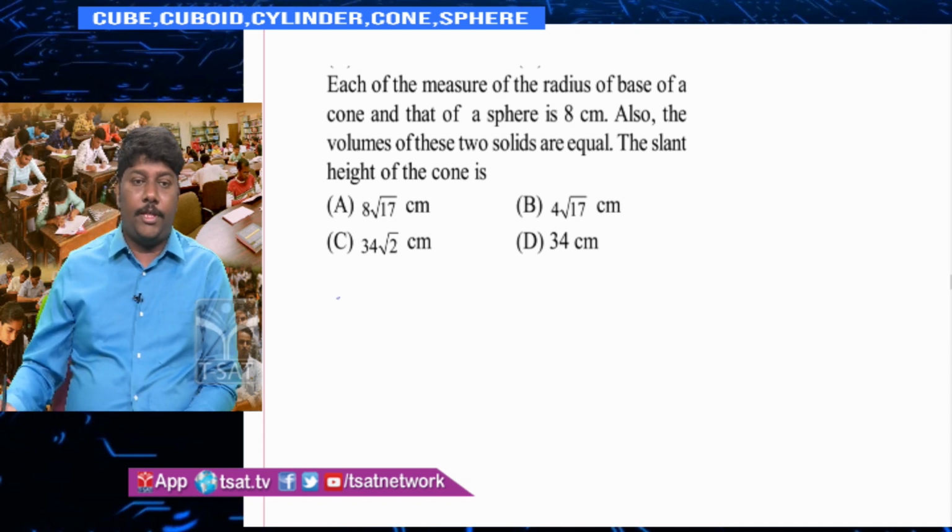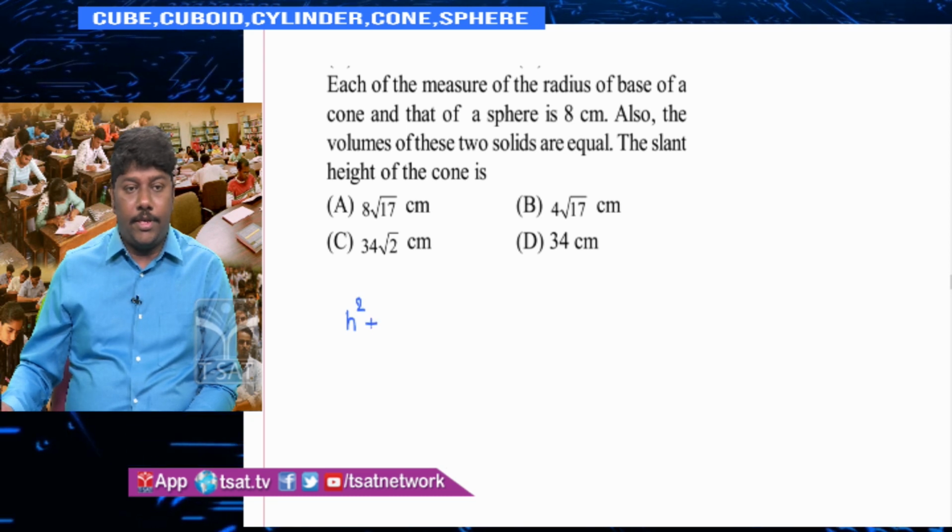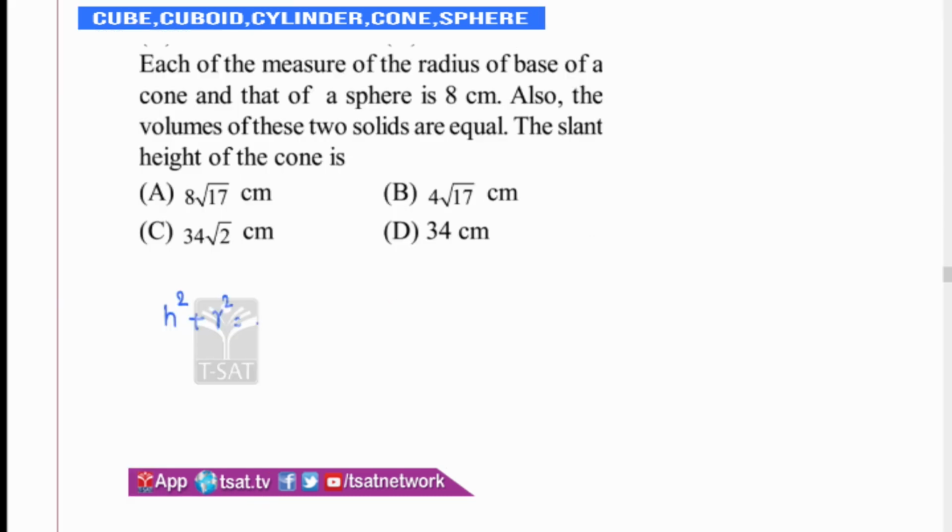We know the relation between the height of the cone and slant height of the cone: h square plus r square is equal to L square. In order to find out the slant height, you just need to find out the value of h first. Their volumes are equal. Therefore, 1/3 pi r square h is equal to 4 by 3 pi r cube, since it is a sphere.